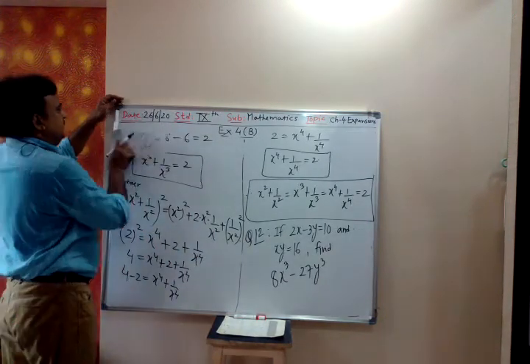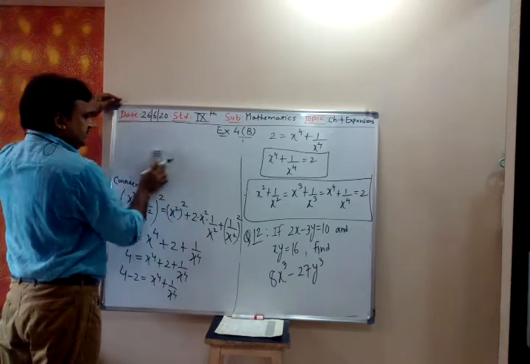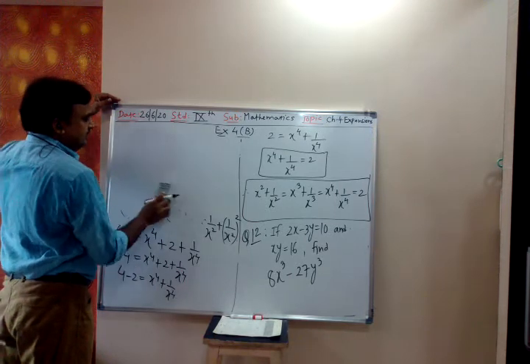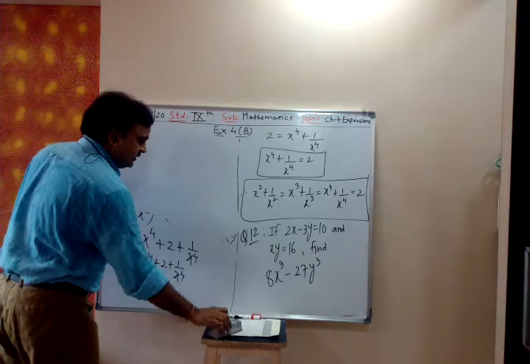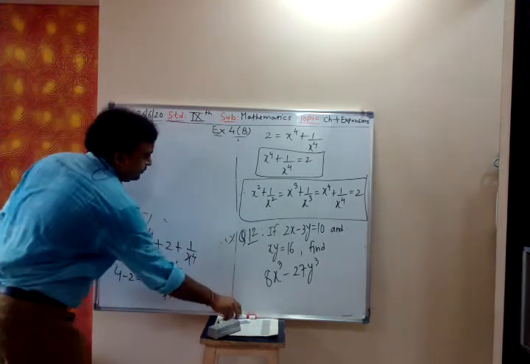Now question number 12, we are given the value of 2x minus 3y is 10, and xy is equal to 16. Find the value of 8x cube minus 27y cube.